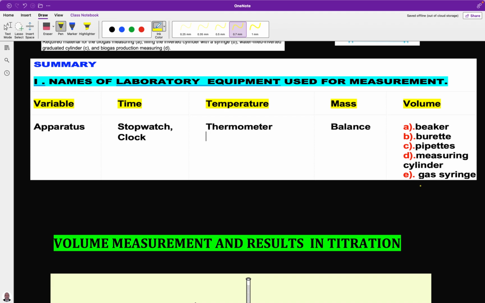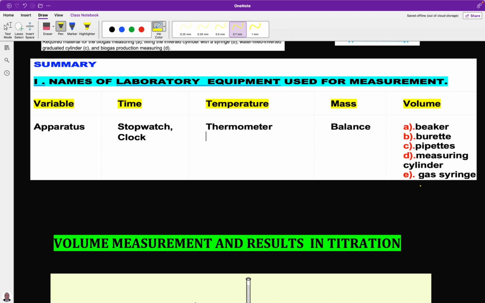Now, it drives us to the measurements that are done in quantitative analysis. Volume measurement in quantitative analysis.